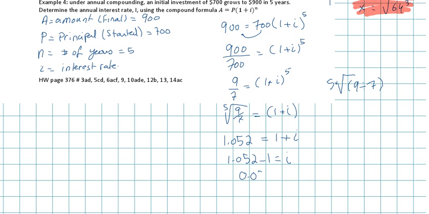Now the question is asking you for an interest rate. What does 0.052 mean when it comes to interest rate? Percentage, which is 5.2%, per year.